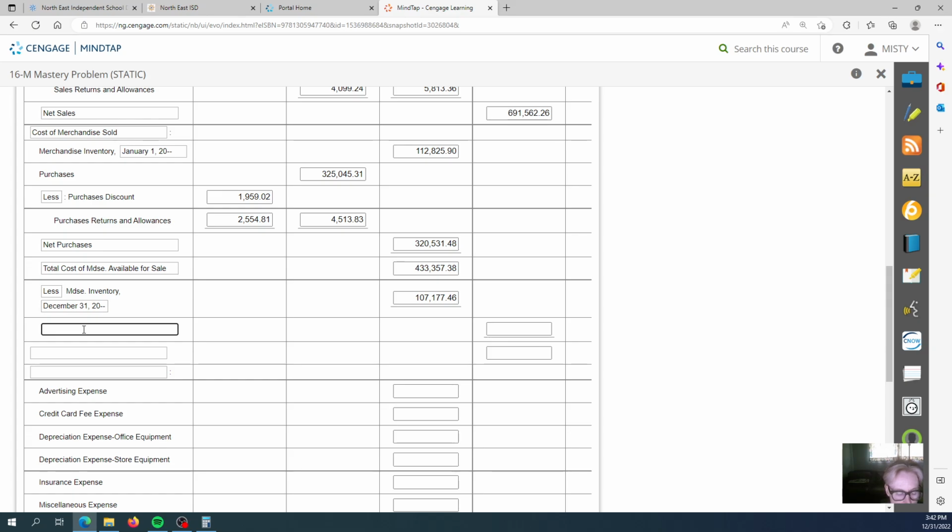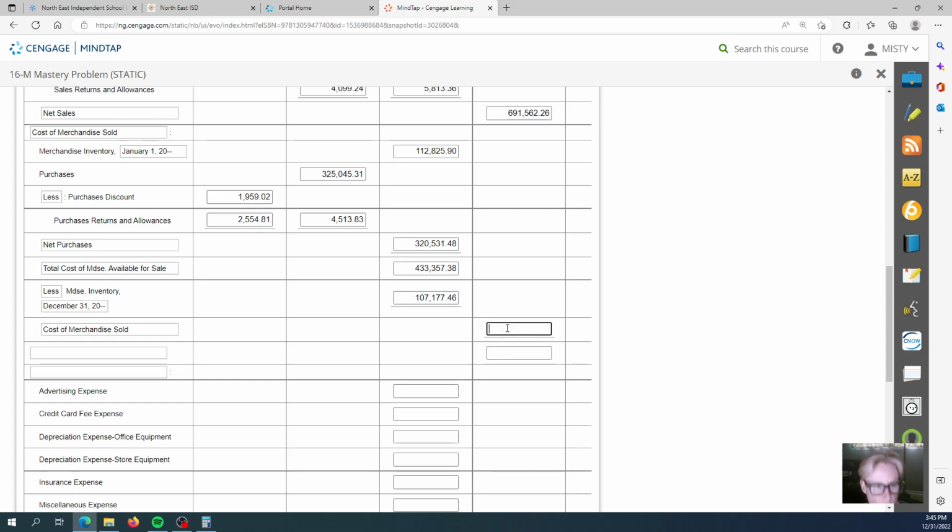Now we have the cost of merchandise sold. Okay, cost of merchandise sold. All right, how do we get to that number? Okay, so we take our total cost of merchandise available for sale and subtract our merchandise inventory at the end of the year.